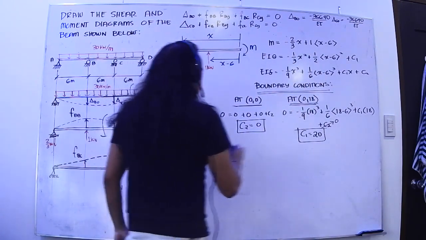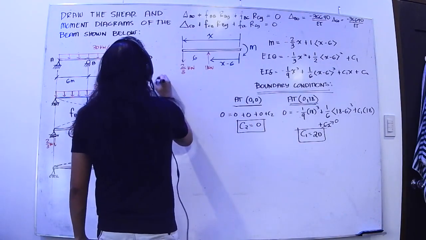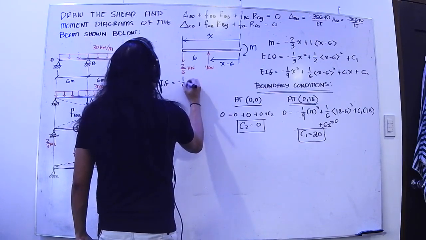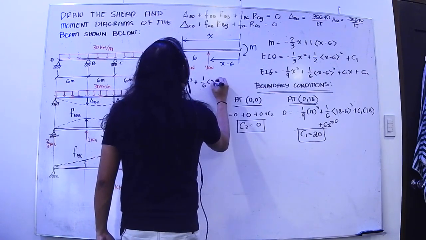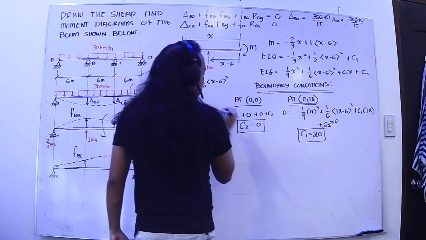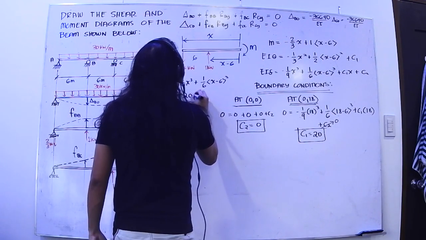The final form of our equation will then take the shape of EI y is equal to negative 1 over 9 x cubed plus 1 over 6 x minus 6 cubed plus 20x.